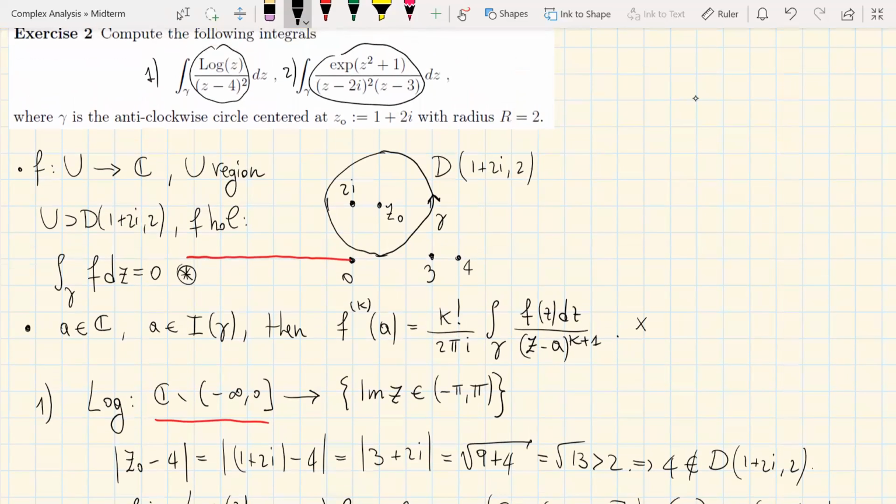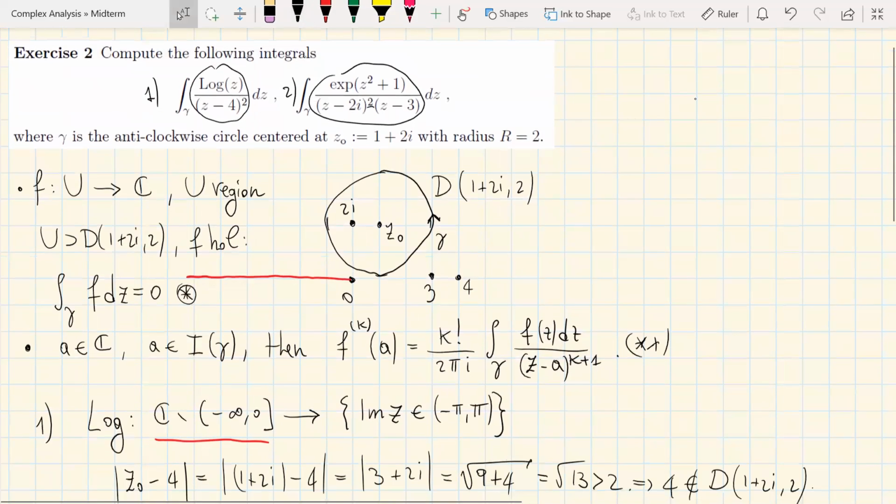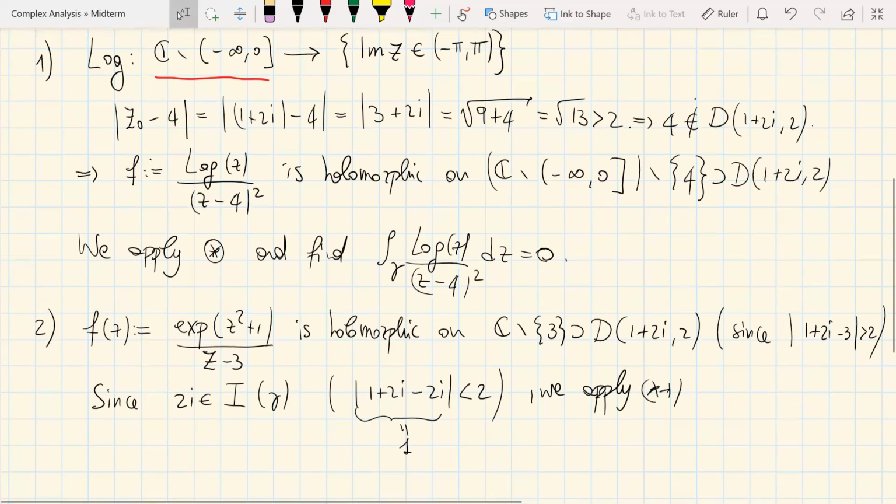Where is it? Here. And what is k in this case? So here we see that we have 2 above, so k must be equal to 1.